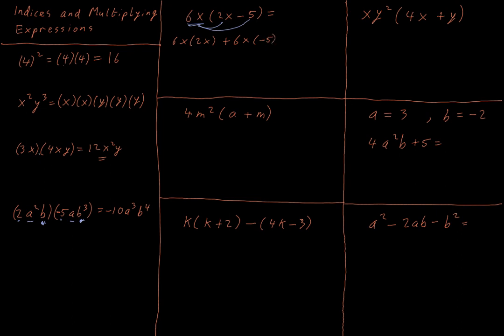And now I'm back to the situation I had here. So 6 multiplied by 2 is going to give me 12. X multiplied by x is going to give me x squared. I have 2 x's multiplied together. And I have plus 6 multiplied by minus 5, which is minus 30. And there's no x here, so the x is just multiplied by my numbers. And that's as far as I can go because these aren't like terms.